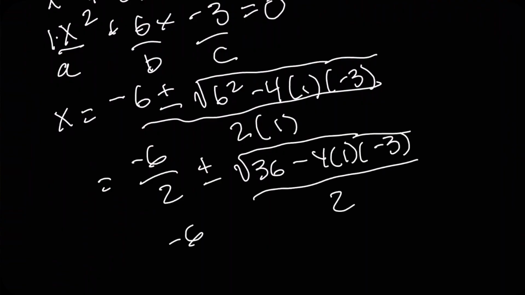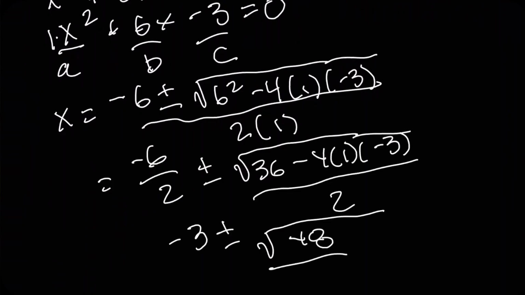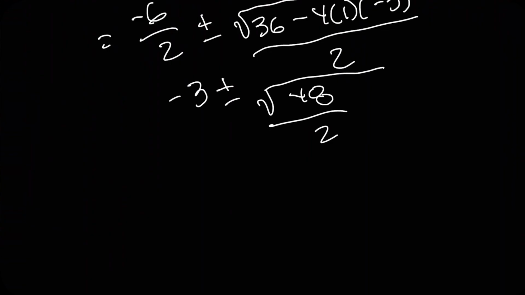So writing this out, we'll just say negative 3 plus or minus 36 plus 12, which will give us 48, divided by 2.